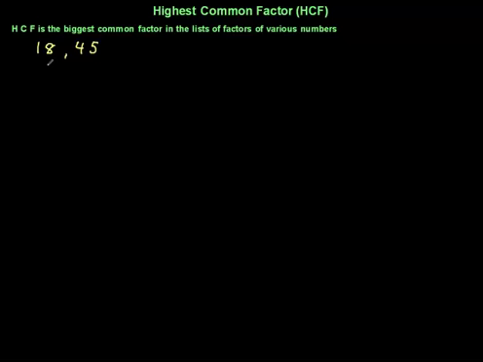The first thing we need to do is write down the factors of 18. 1 goes into 18 eighteen times, so I will write it down as a pair: 1 and 18. 2 goes into 18 9 times, and 3 goes into 18 6 times. When you use this technique, you are not going to miss a factor, which is a common mistake when people do it.